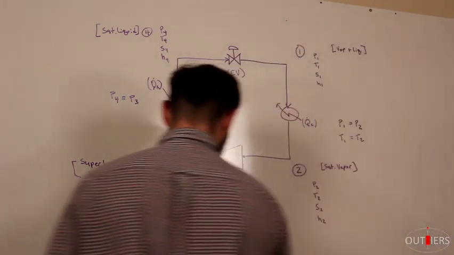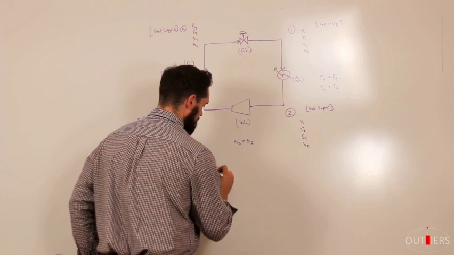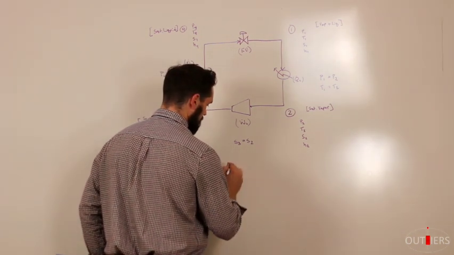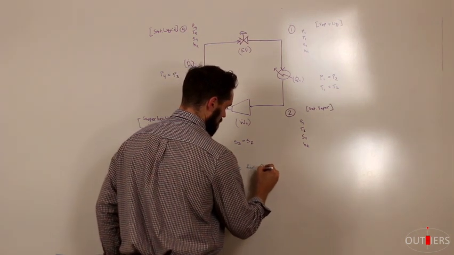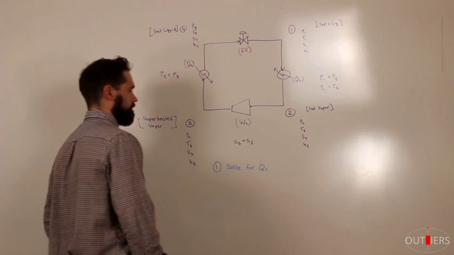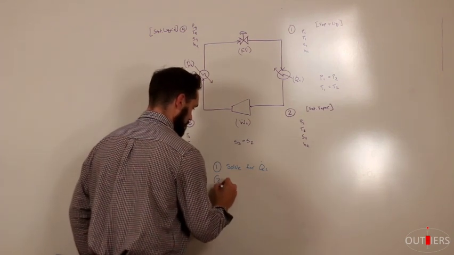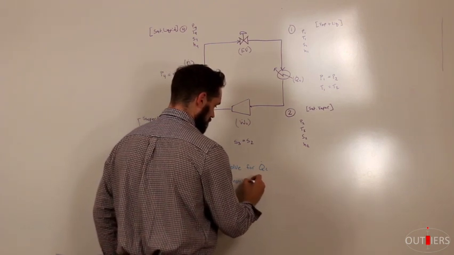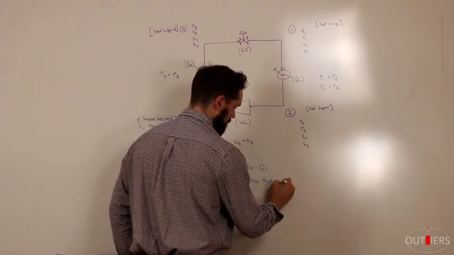So a couple of things. I'm just going to write them out here. The first thing we have established is that we're going to try to solve for QC. The second thing we've already established is that we need to know the refrigerant.